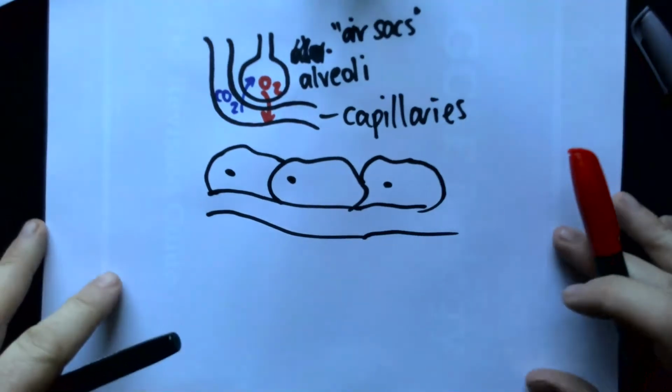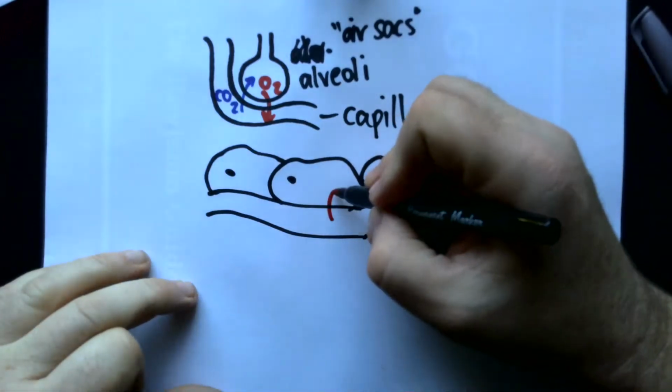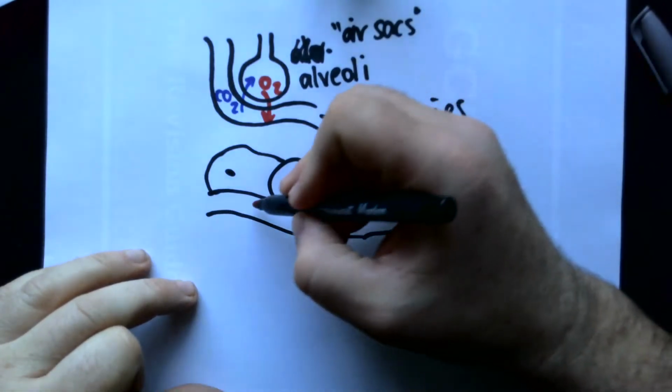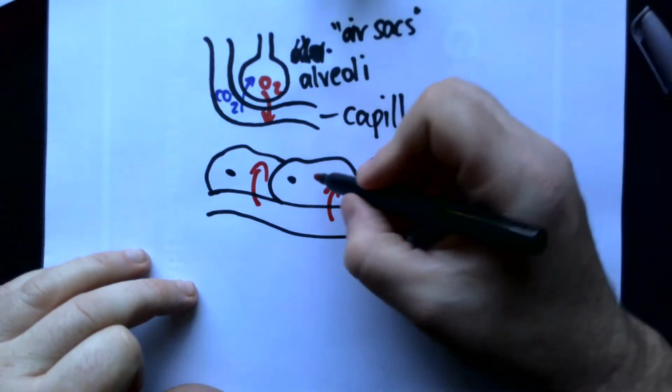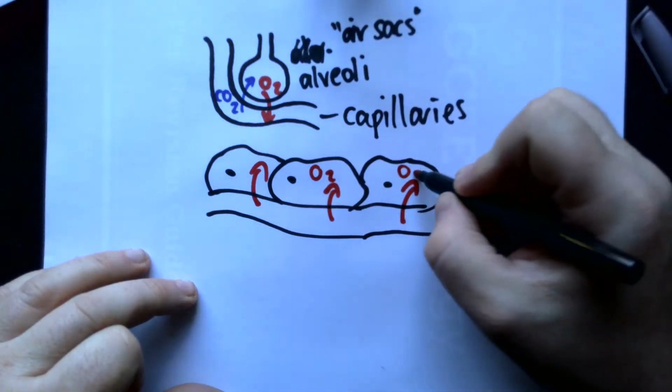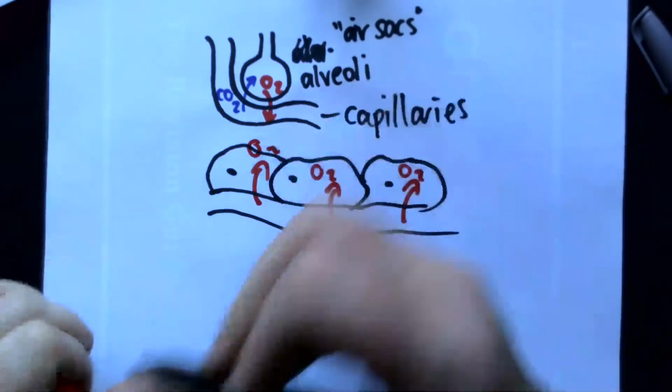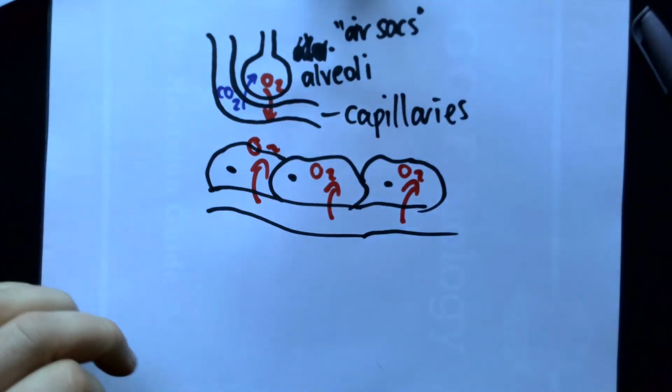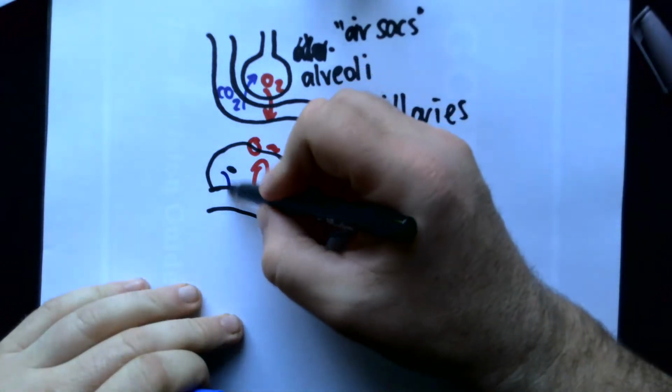We want to get oxygen into the cells for respiration. We want oxygen in, and we want to get rid of a waste product, which is carbon dioxide.